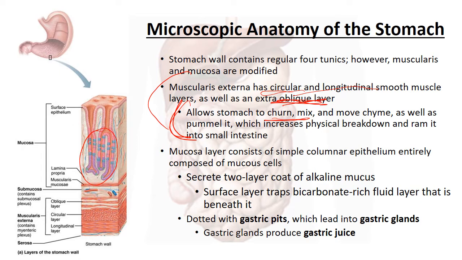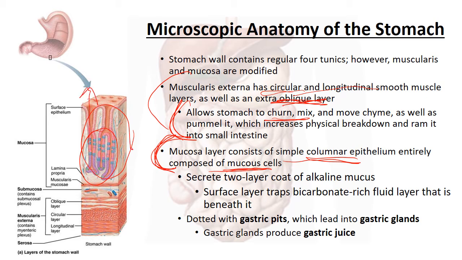The mucosal layer, remember that's the one on the side of the lumen, is going to be the simple columnar epithelium again, but it's almost completely composed of these mucus cells. Why? Because we need to have mucus to protect the stomach tissue from the acidic secretions.